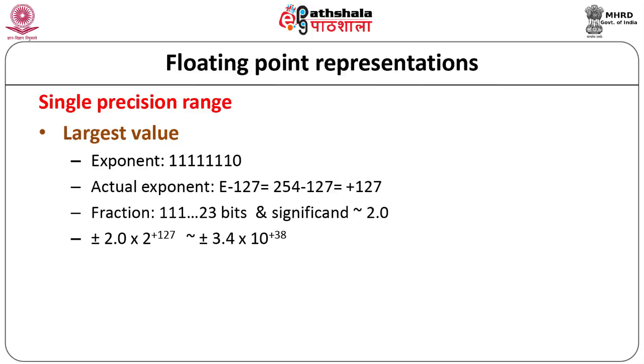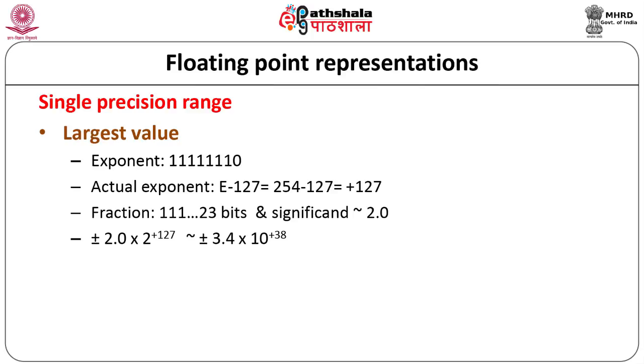The fractional part is all 0s up to 23 bits and the significand is 1.0. Thus, it represents a floating point number plus minus 1.0 into 2 raised to minus 126, or approximately plus minus 1.2 into 10 raised to minus 38.